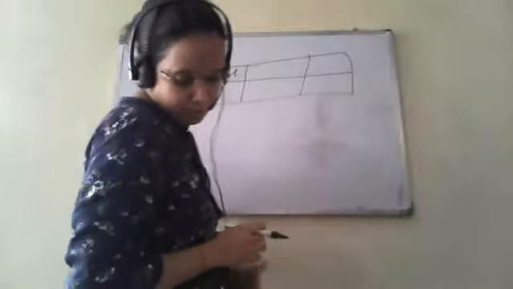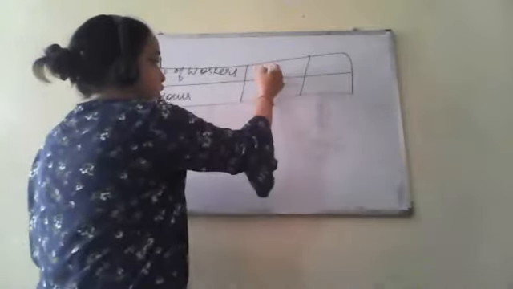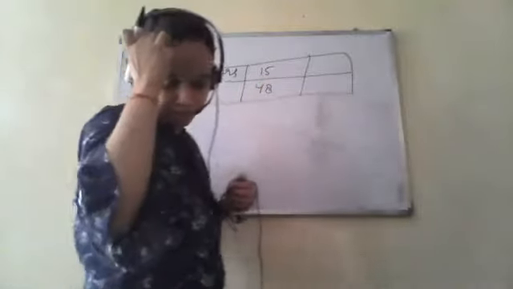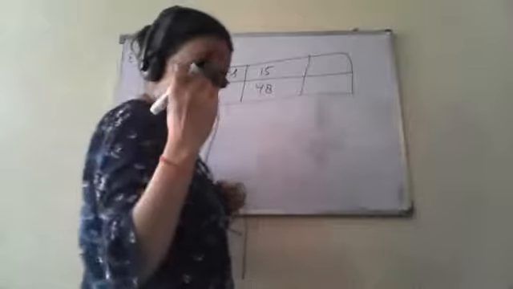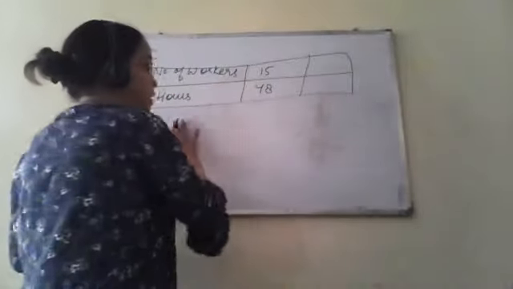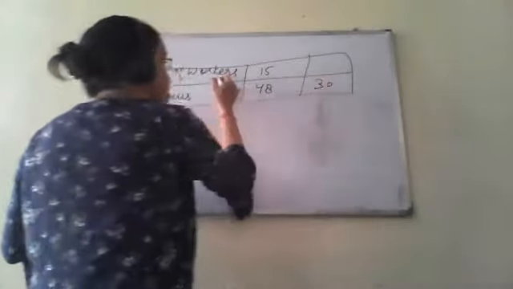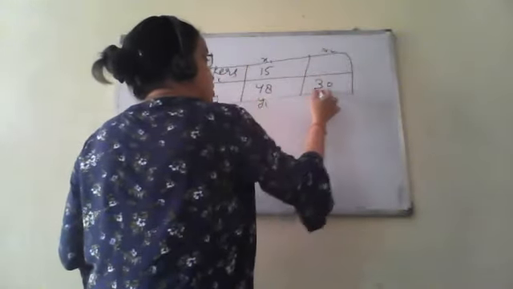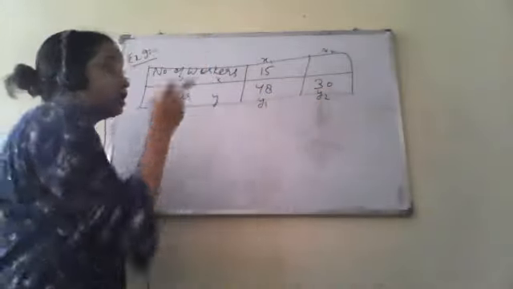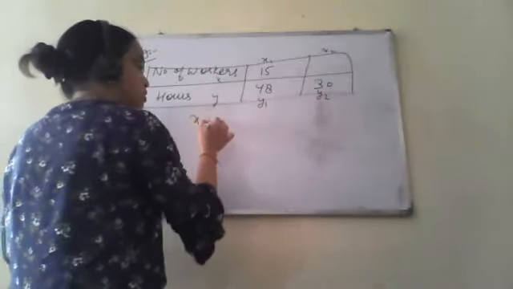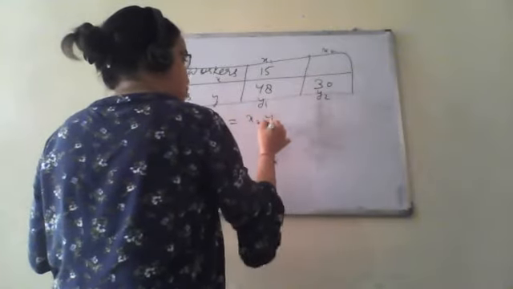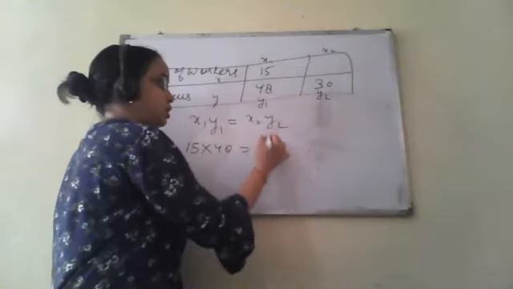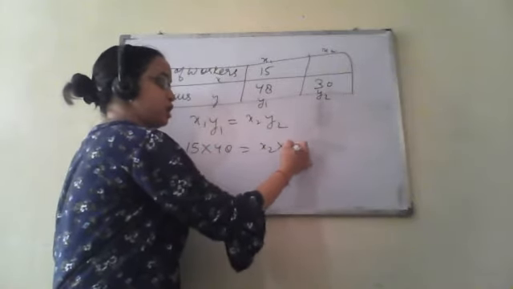So the number of workers in the first case is 15 and they can build a wall in 48 hours. Clear? So now we have to calculate the number of workers so that the wall can be built in 30 hours. So again this is x, this is y, this is x1, x2, y1, y2. Clear? So we have x1 y1 equals x2 y2. That means 15 into 48 equals x2 into 30, where y2 is 30.